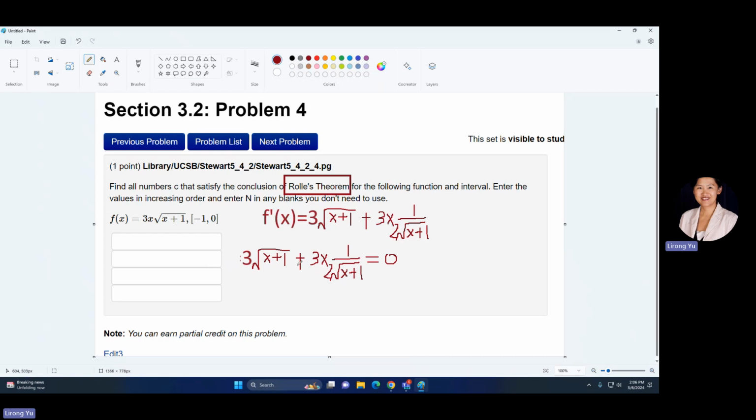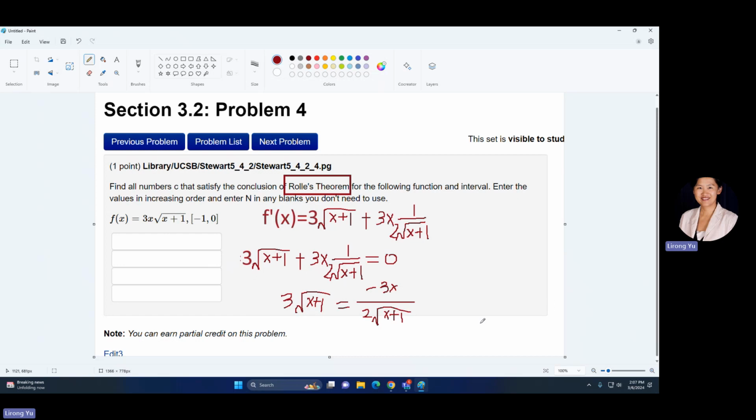You subtract, so you have 3 times the root of x plus 1 still on the left, and the other one, if you move it to the right, becomes negative, so it's negative 3x over 2 times the root of x plus 1. So that's what we have after we move it over to the right side of the equation.